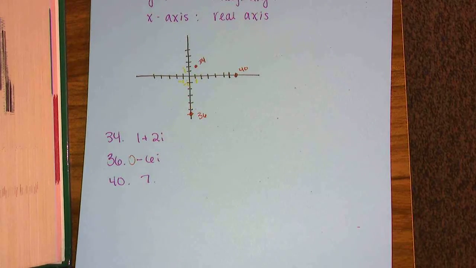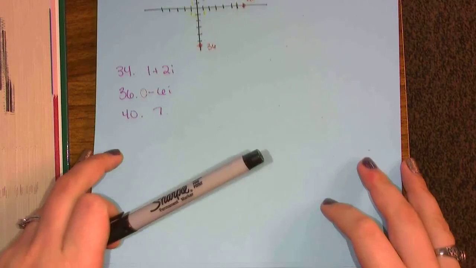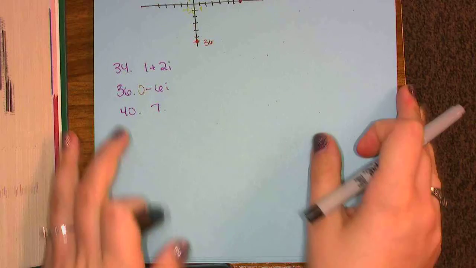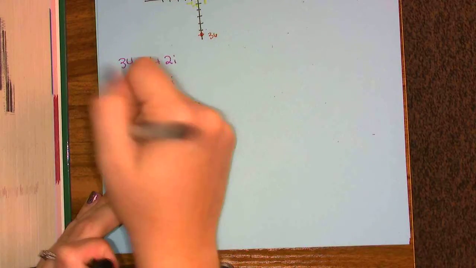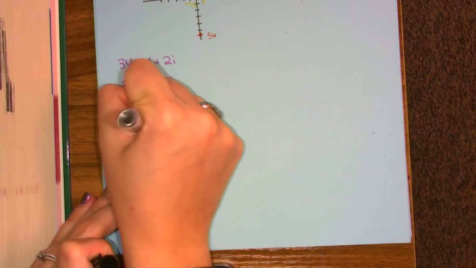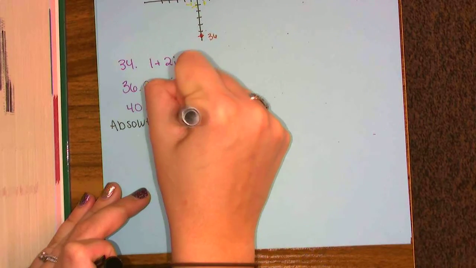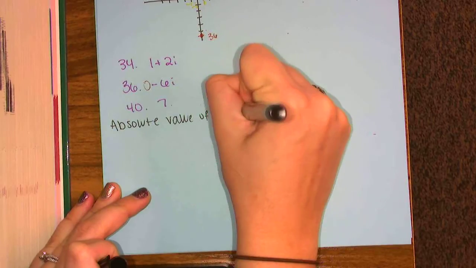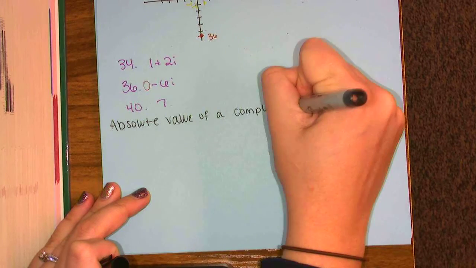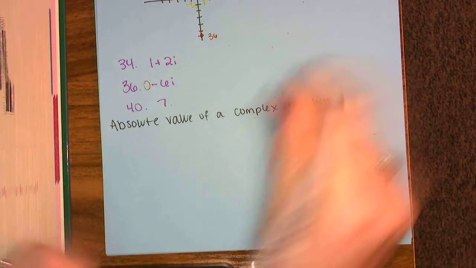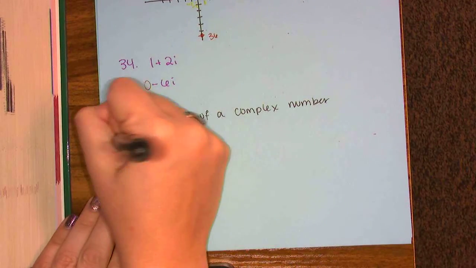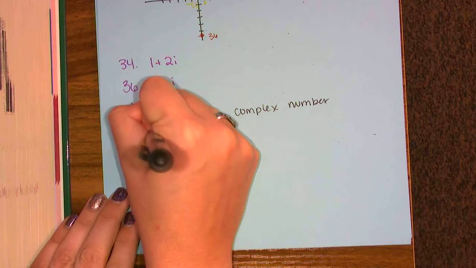Alright, last thing we need to do is the absolute value of a complex number. It's easier than you think. So z is equal to a plus bi.